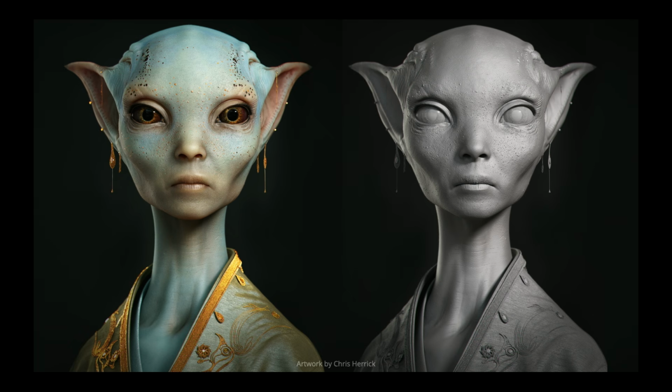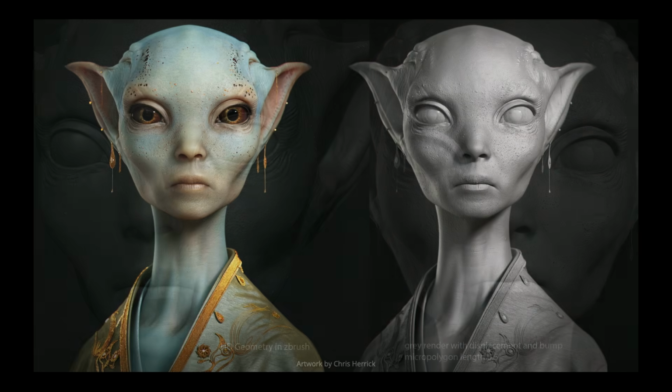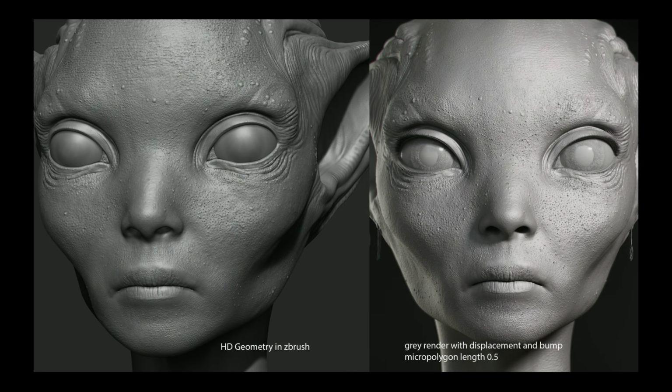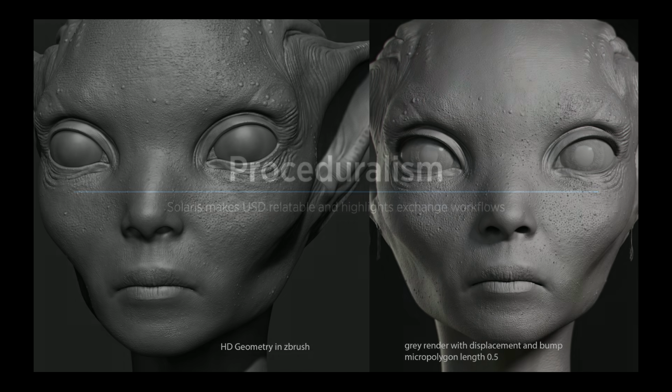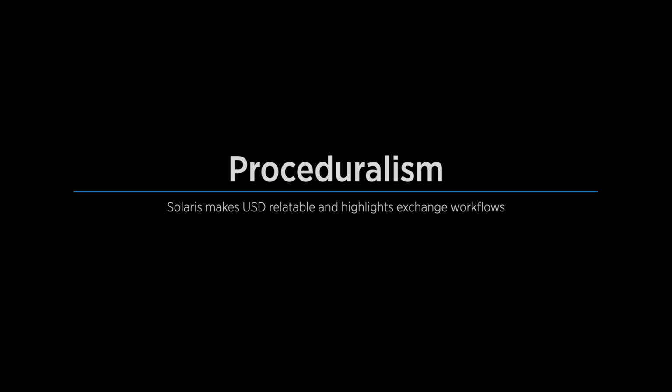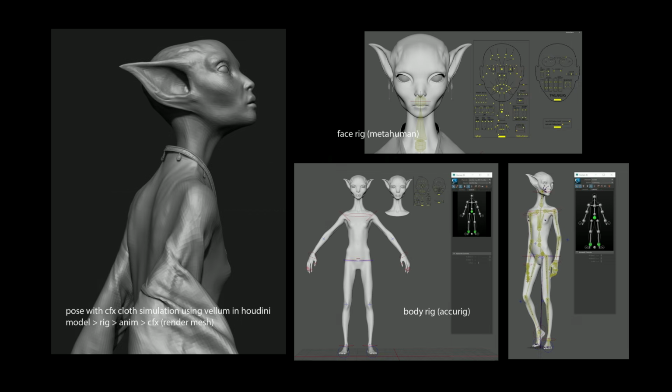And you don't have to fidget with the tessellation settings and make things super crisp out of the box. But that does introduce a new way of thinking about how to get detail out. So he built these things in Solaris after he learned about micropolygon length and little tips and tricks about RenderMan that are peculiar to the rendering algorithm. So all these things are included in the proceduralism that Solaris gives us.